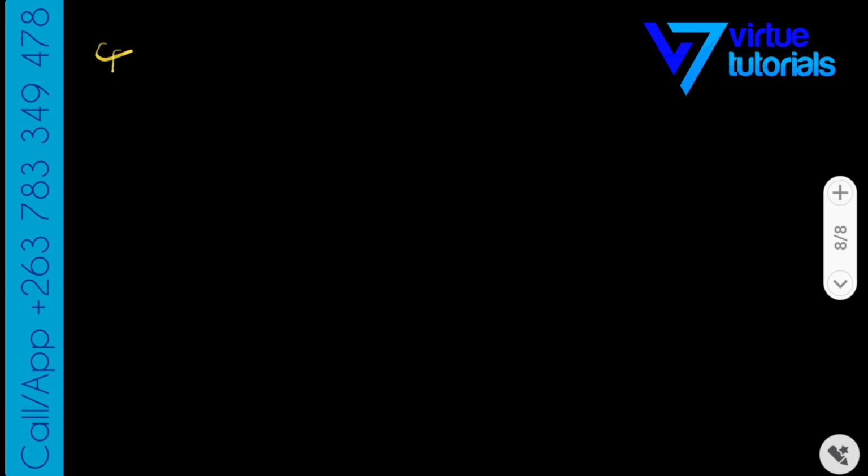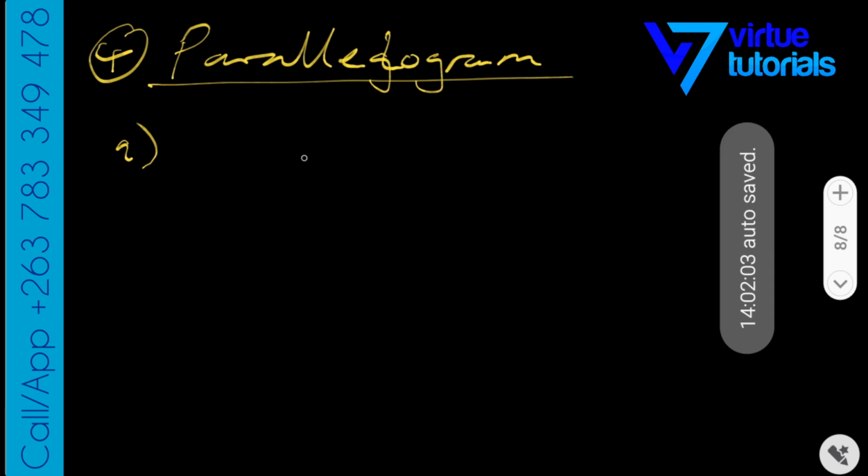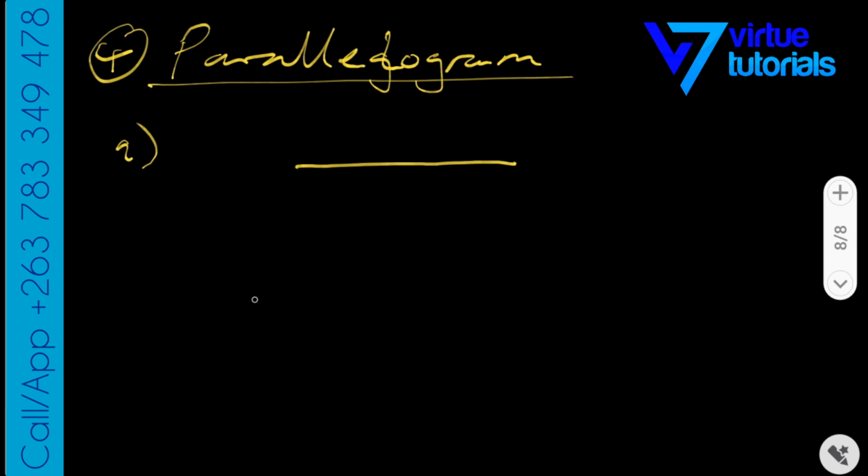Our fourth shape is a parallelogram. The parallelogram also has two formulas. A parallelogram is a shape where opposite sides are parallel and equal.